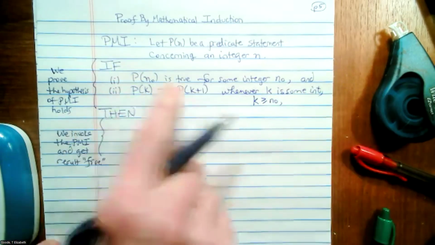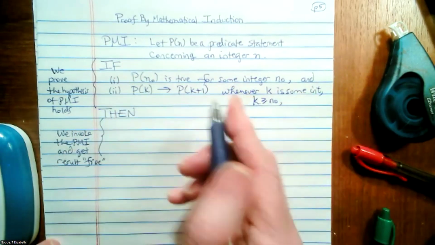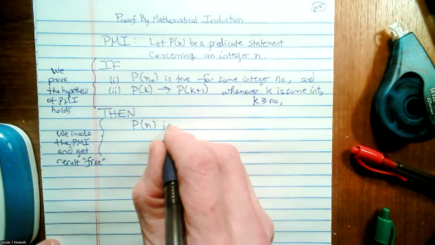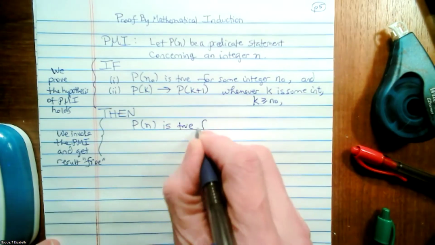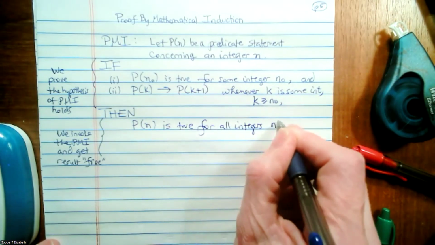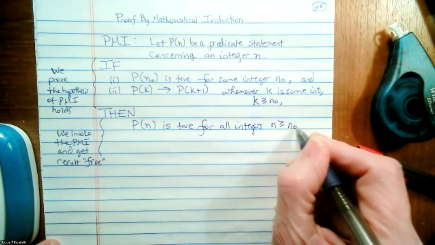If we can prove that these two things hold, then what we get for free is that P of n is true for all integers n greater than or equal to whatever that bottom level was.